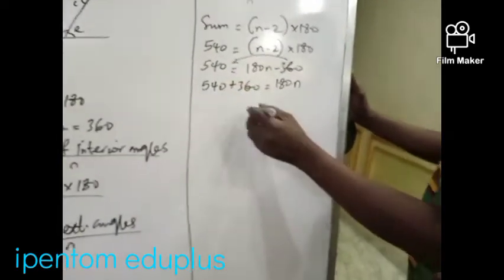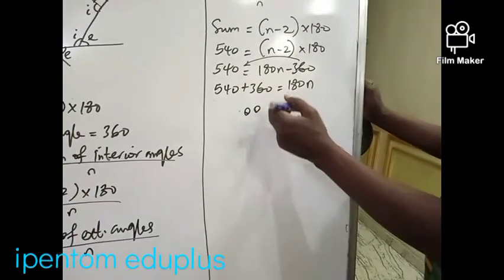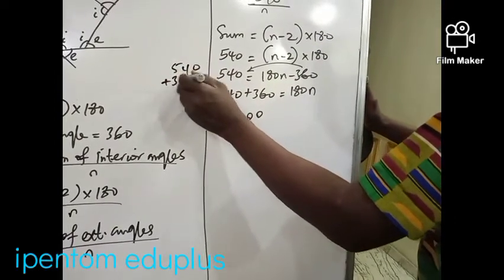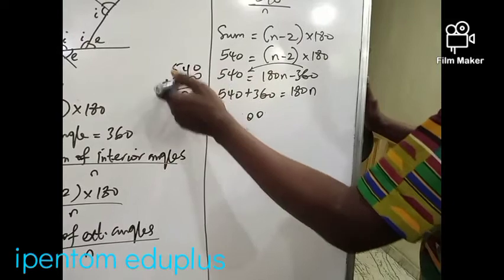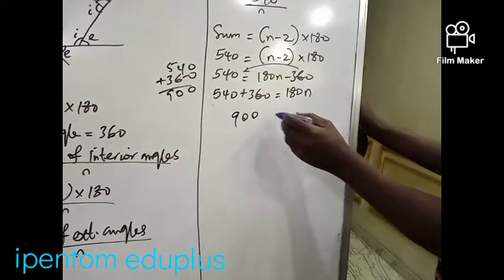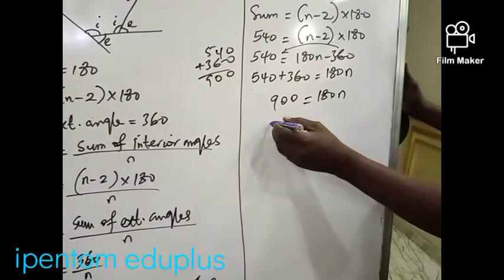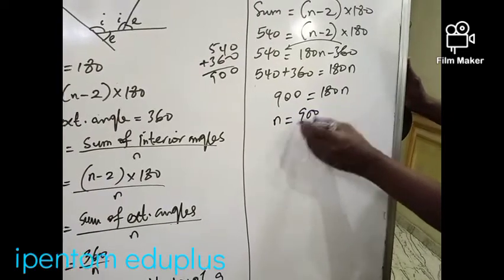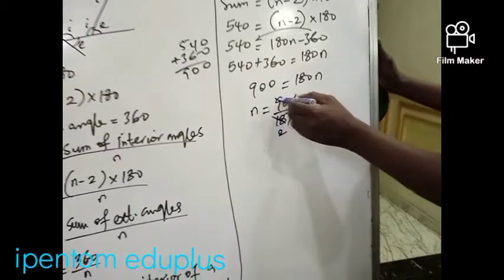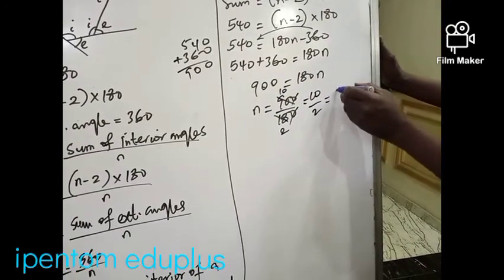Adding this together, 540 plus 360 gives me 900 equal to 180n. Divide both sides by 180, n will be equal to 900 over 180. Zero cancels zero. 9 can go here too. Here we have 10, so we have 10 over 2, and that will give us 5.